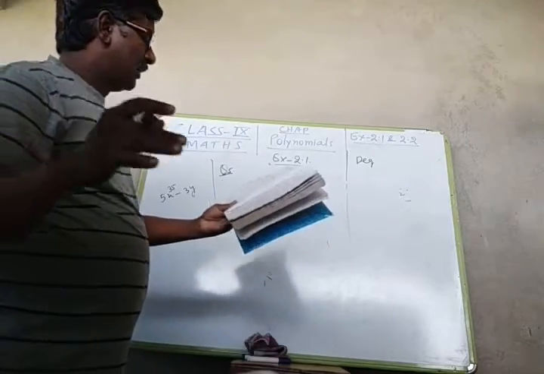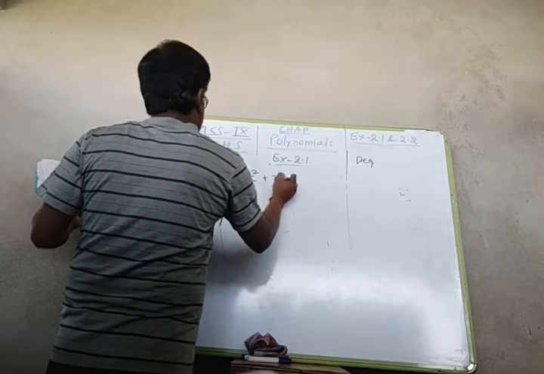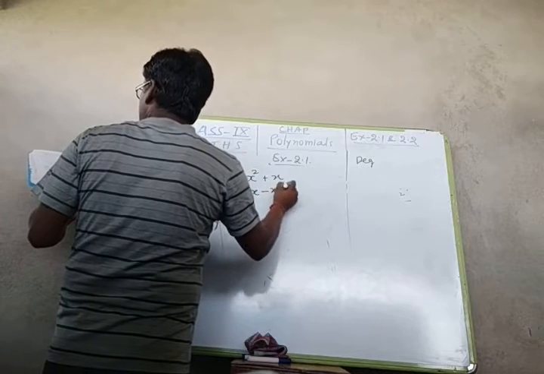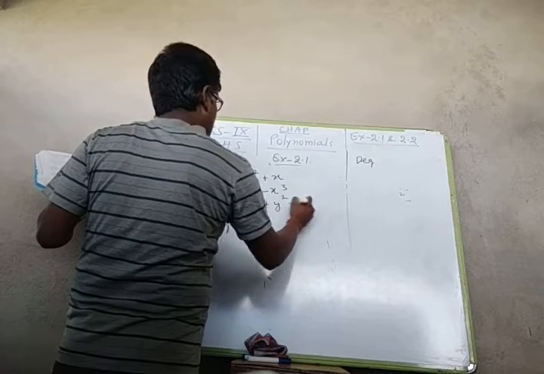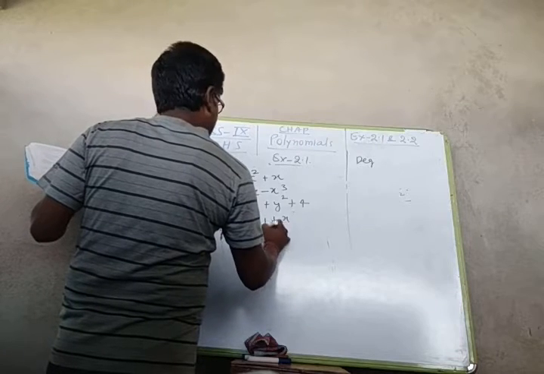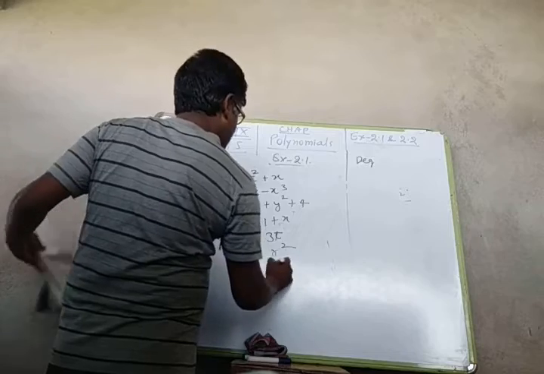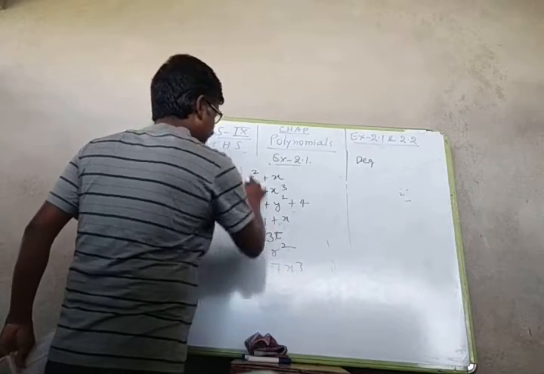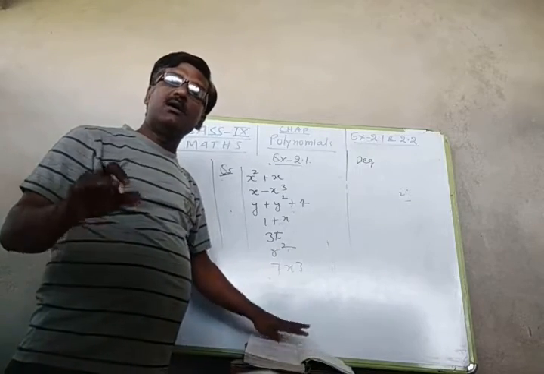And the expressions given are x square plus x, x minus x cube, y plus y square plus 4, 1 plus x, 3t, r square, and 7x cube. Here we have to classify them as linear, quadratic, or cubic polynomials.